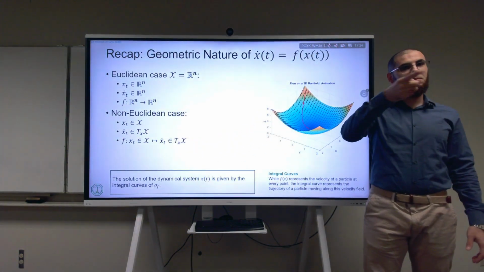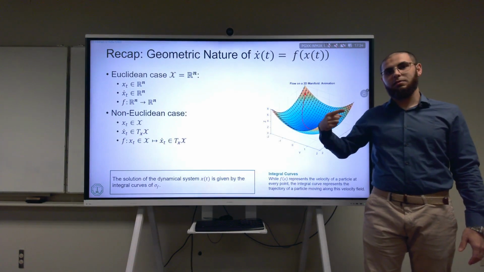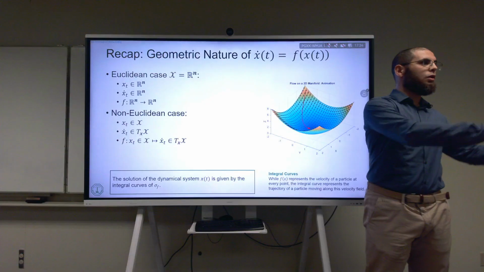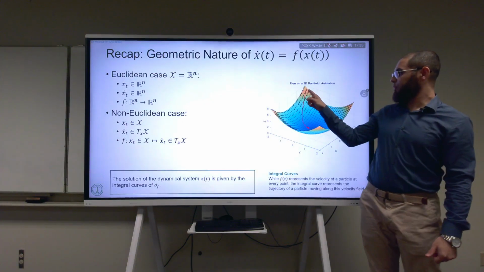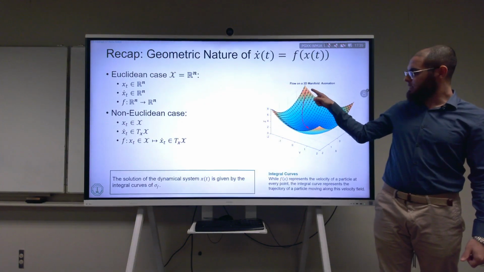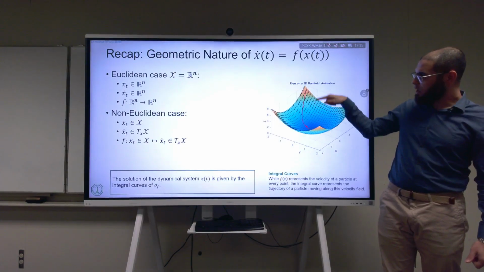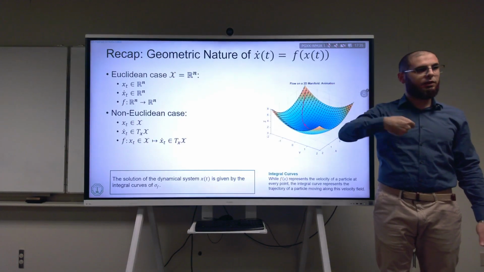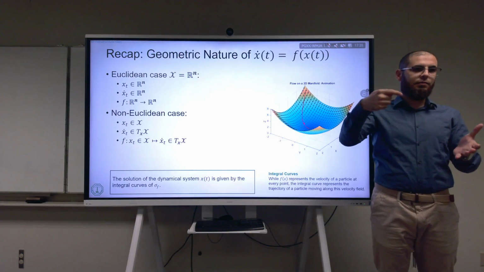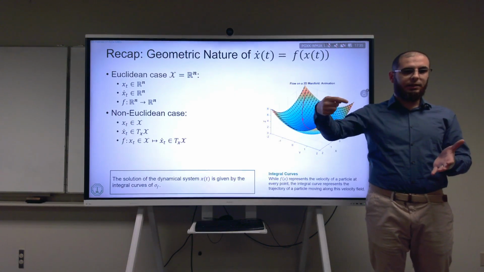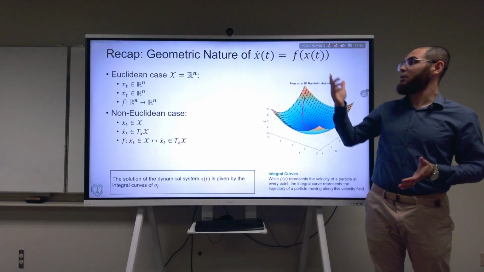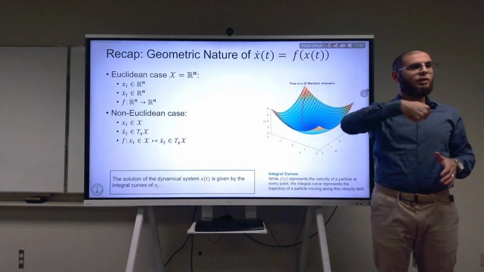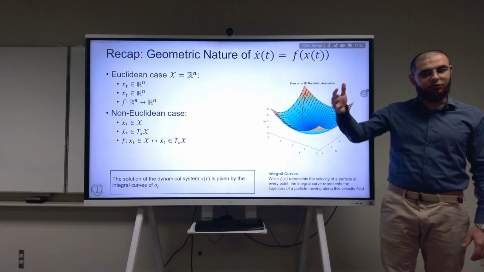It will give you some direction along which the dynamics will flow. If you start from this point as the initial condition, the trajectories the system will take will always be tangent to this vector field given by f of x.